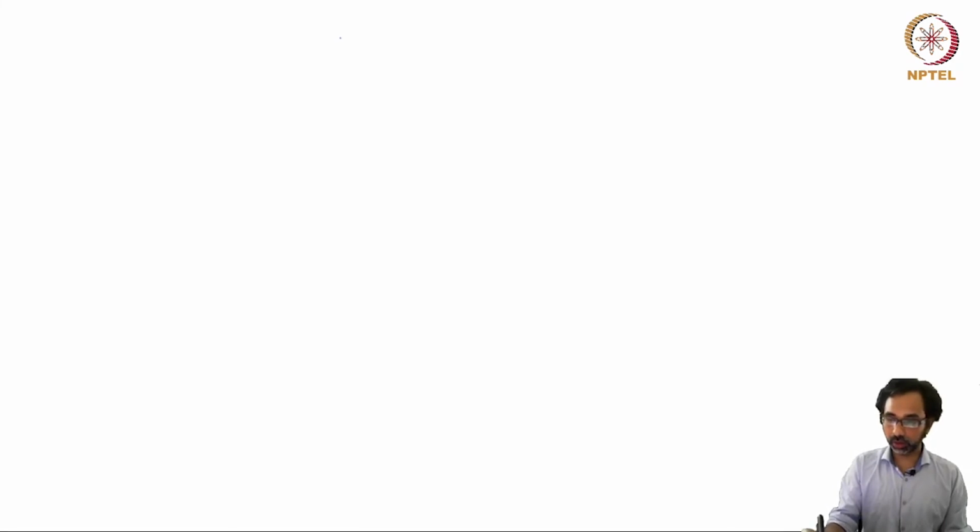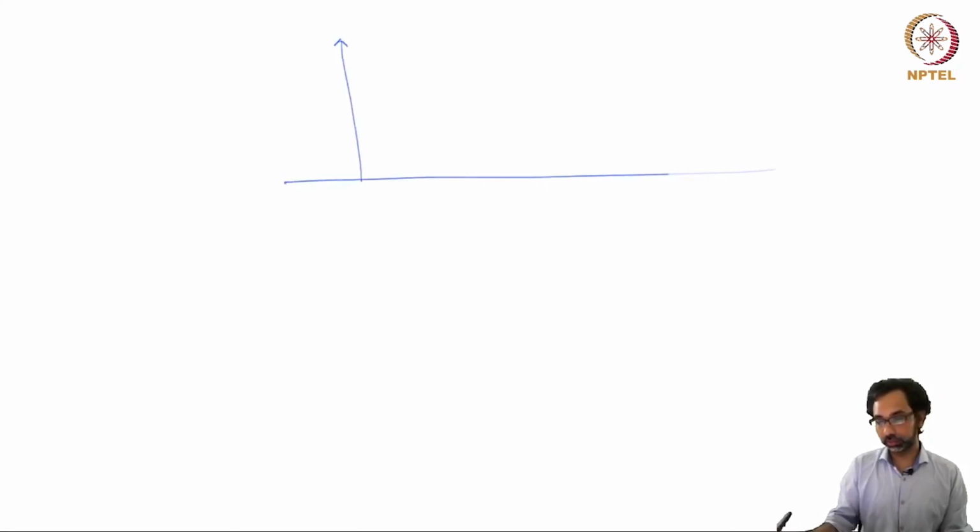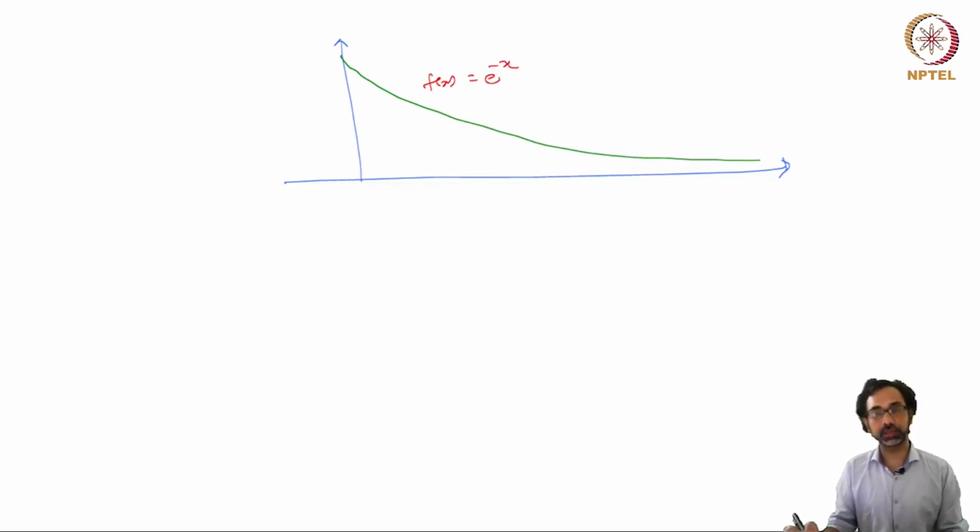So again we can see an example. Now we allow bounded functions, but it has to take a strictly positive value on a set of infinite measure. For example we can take this function decreasing to 0, f(x) equals e to the power minus x.